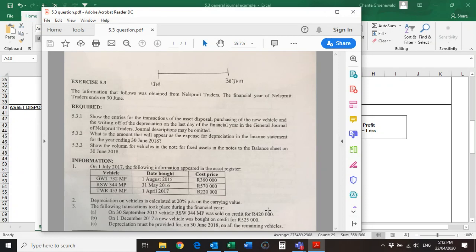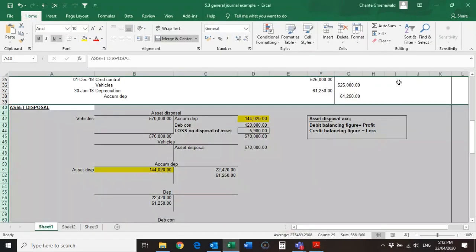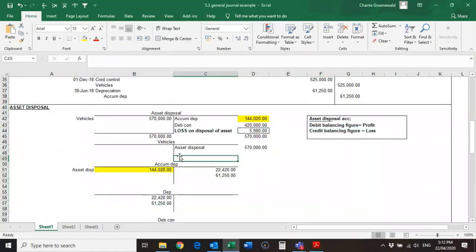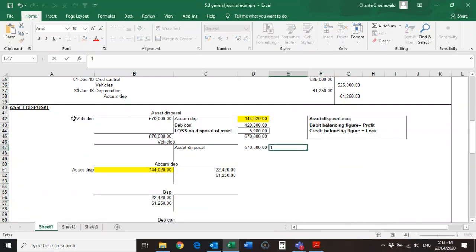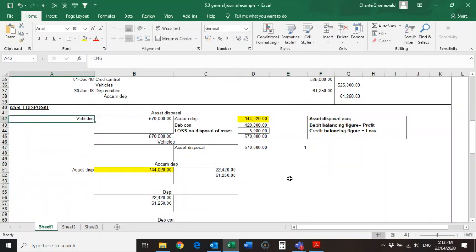So my first step, step number one, can you see here? Step number one is basically to take out this vehicle of 570,000 Rand, and then you take it to asset disposal.